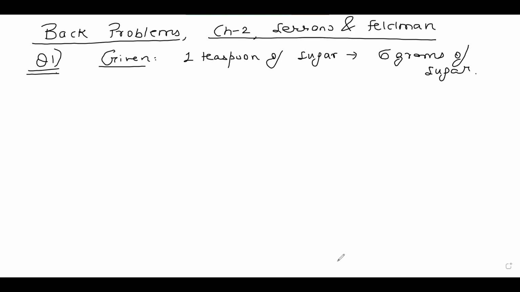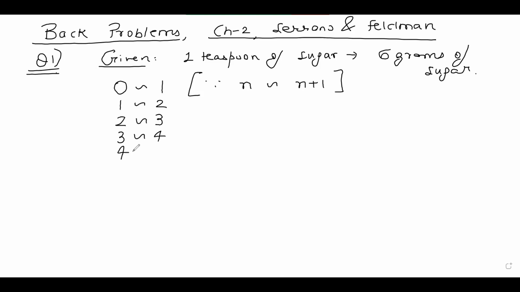Now, if I don't have this teaspoon at all, that's 0 grams, I am indifferent between 0 gram and 1 gram, because in the question we were given that the consumer is indifferent between n grams and n plus 1 grams. So I am indifferent between 0 and 1 gram, between 1 gram and 2 grams, between 2 gram and 3, 3 and 4, 4 and 5, 5 and 6.